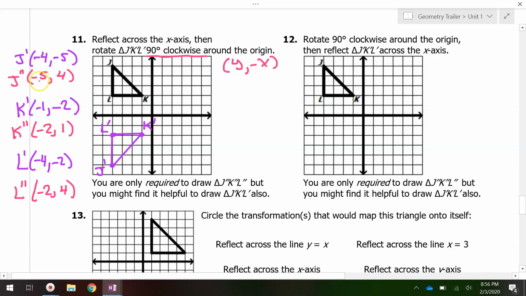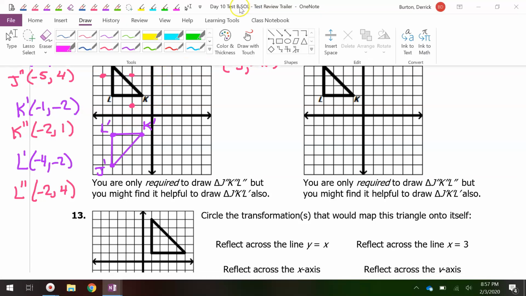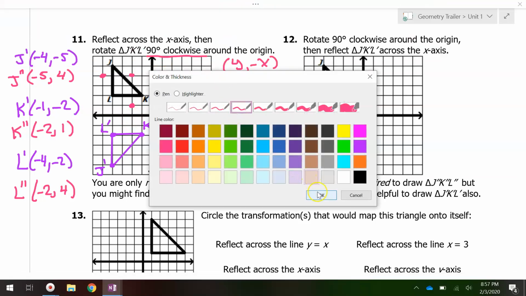So -5, 4. All right, so -5, 4 would be right here. -2, 1 would be right here. And -2, 4 would be right here. Okay, so I'm just going to connect those dots real quick.